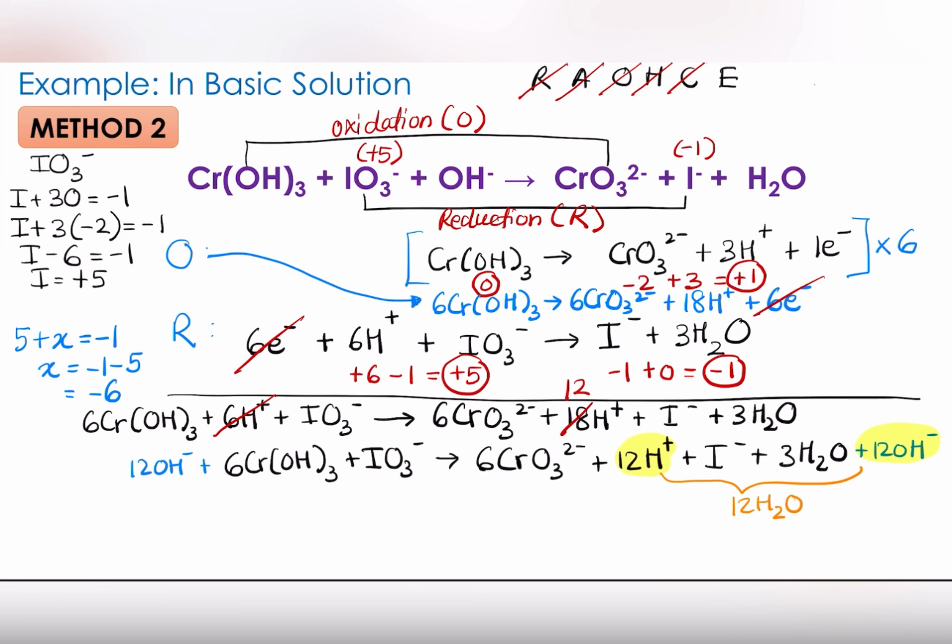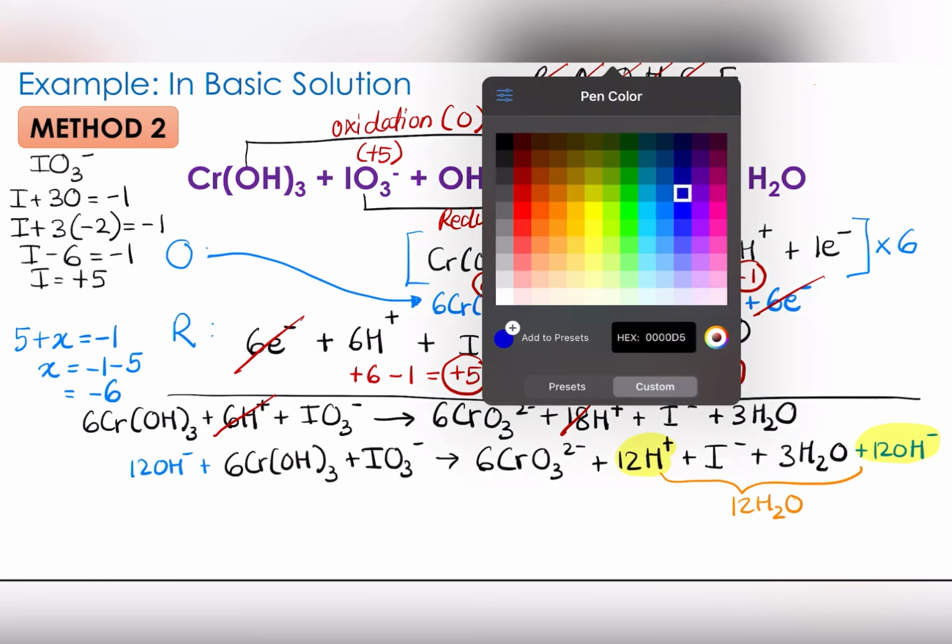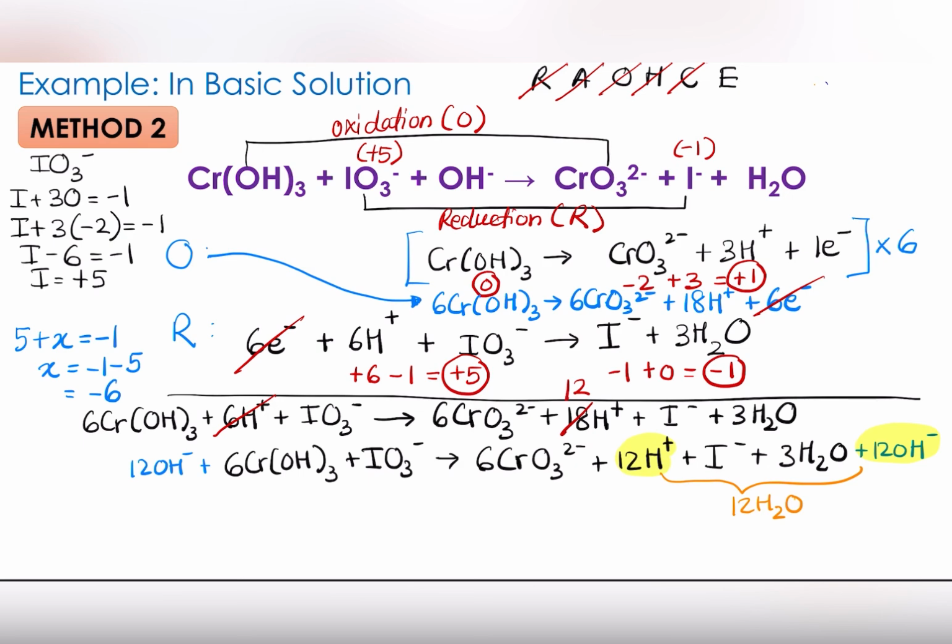So my final equation in basic medium adalah 12 OH minus plus 6Cr OH3 plus IO3 minus produce 6Cr O3 2 minus plus I minus plus 15 H2O. So now this is my final equation.